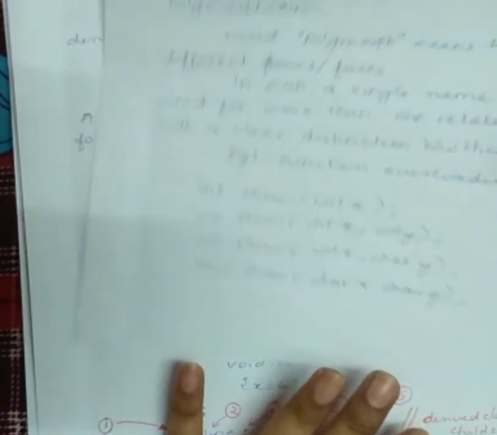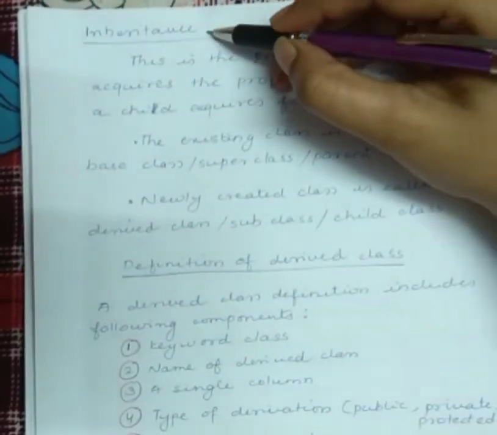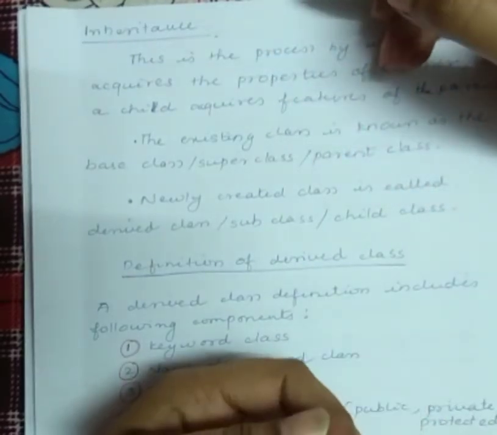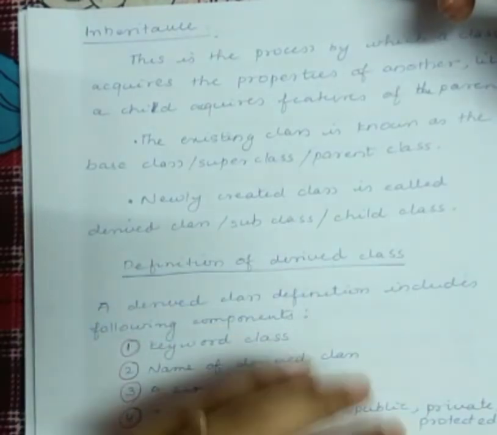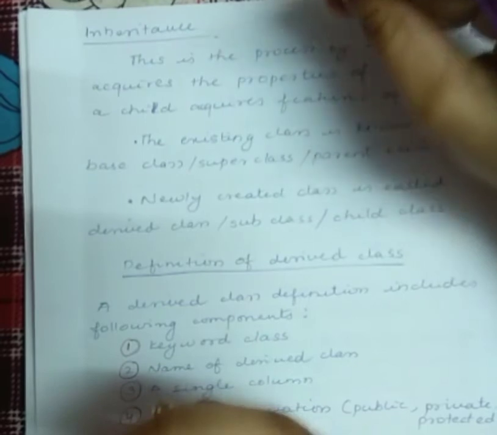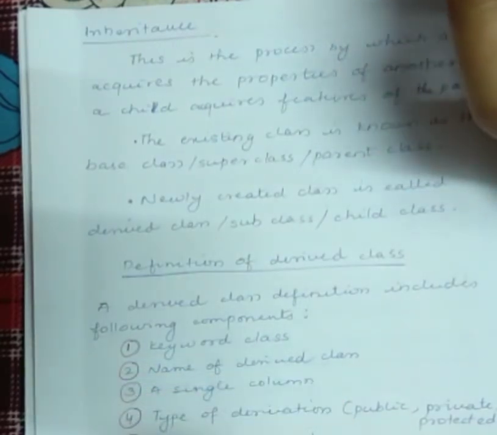So what is the last one? The last one is inheritance. What is inheritance? In the real world, a child acquires features of a parent. Just like that, C++ also provides the same facility with the help of class and its objects.